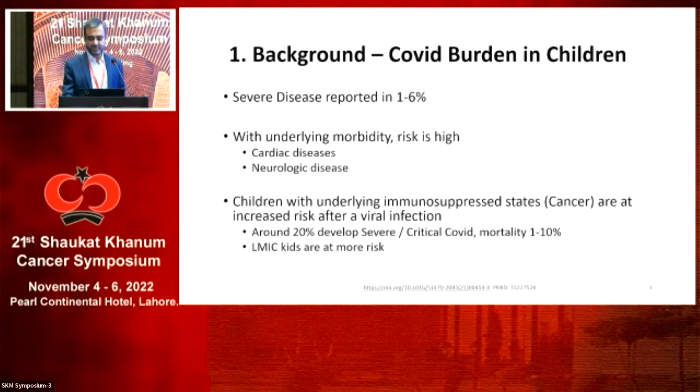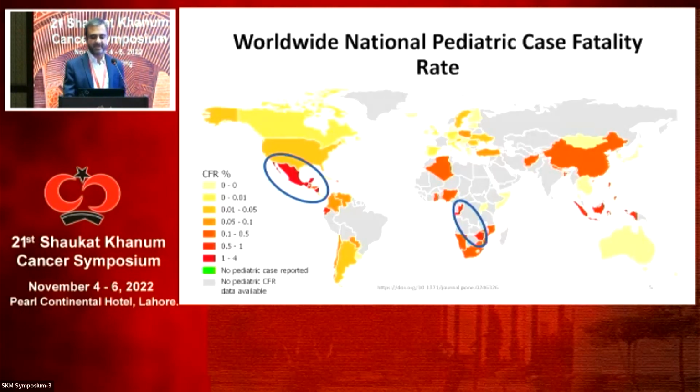I'll show you a little more that LMIC kids are more at risk of developing severe disease as well as mortality. This is the worldwide national pediatric case fatality rate from nations that have pediatric COVID-19 data.